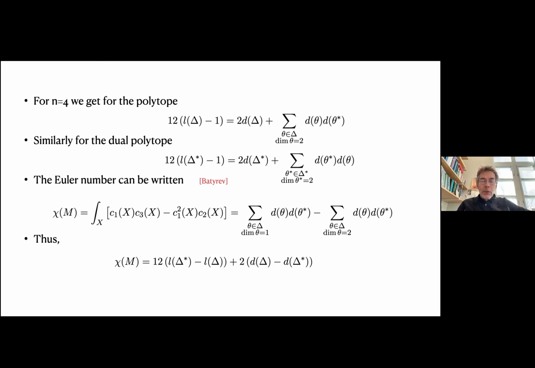Once you look at that, you remember from Batyrev's original paper an expression for the Euler number that's exactly this difference of those sums of products of the degrees of the faces and the dual. And that then allows you to write down an expression for the Euler number, which is the last equation, that nicely expresses this in terms of the number of points of the polytope and dual polytope and the degree of the polytope.